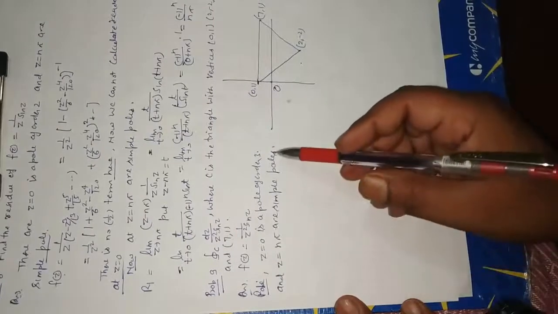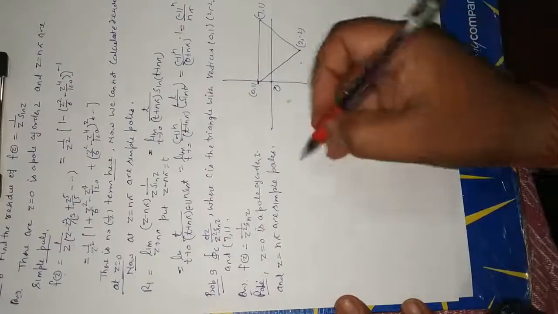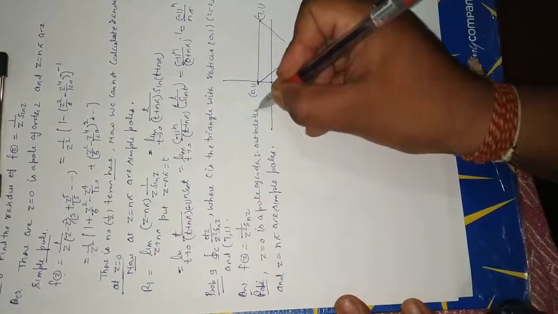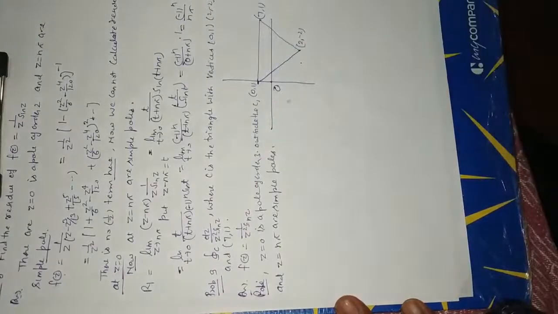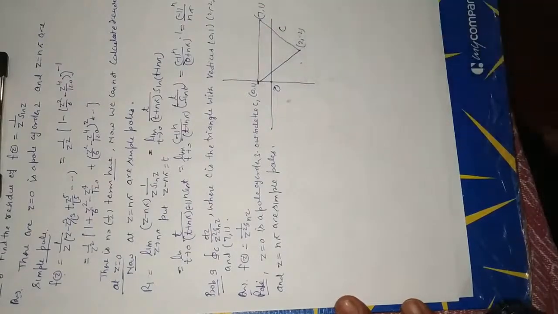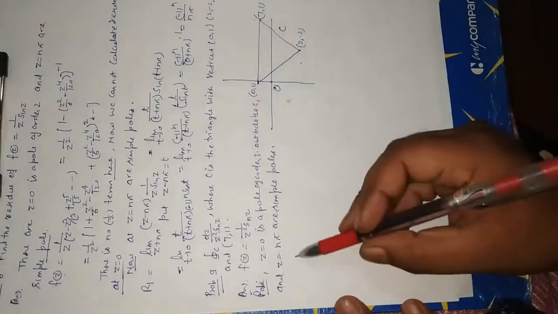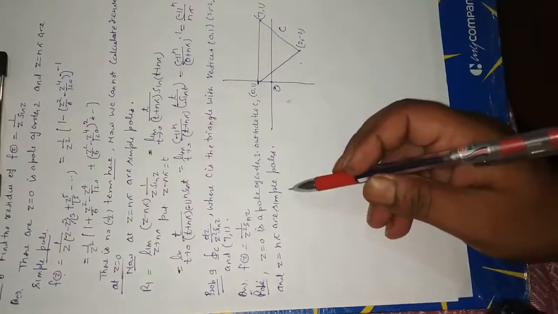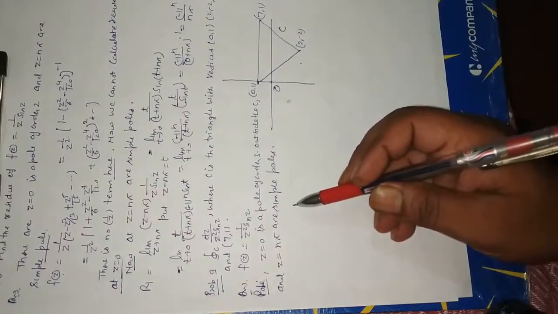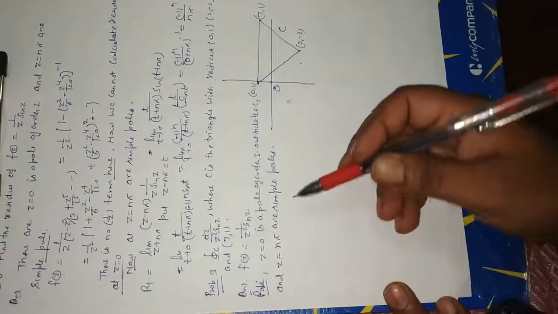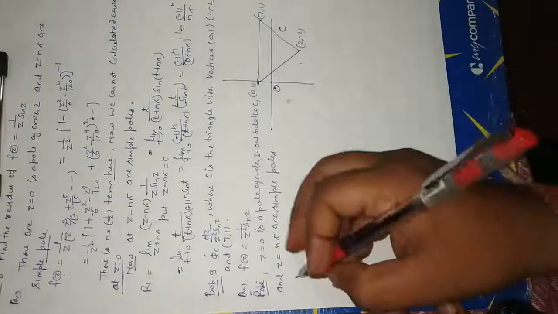Now z is equal to 0 is a pole of order 3 outside the region, outside the region C. This is the C region. Okay. Now here z is equal to n pi are simple poles. Now we can calculate the residue at z is equal to n pi. Okay.